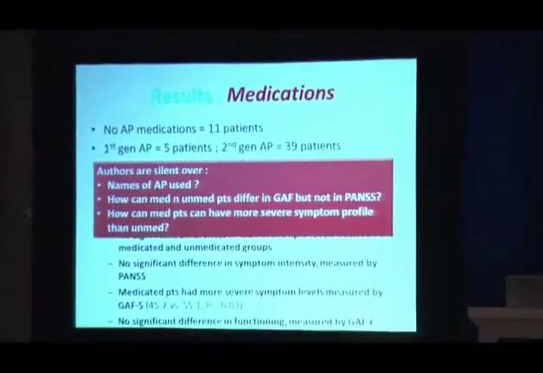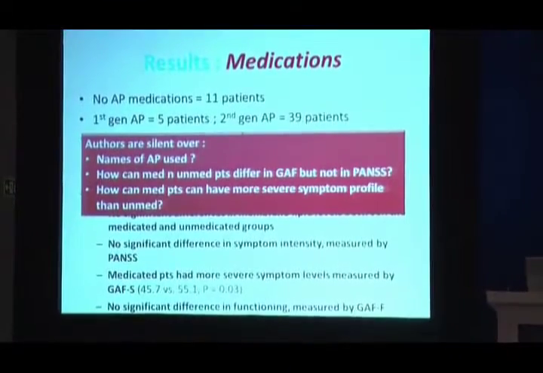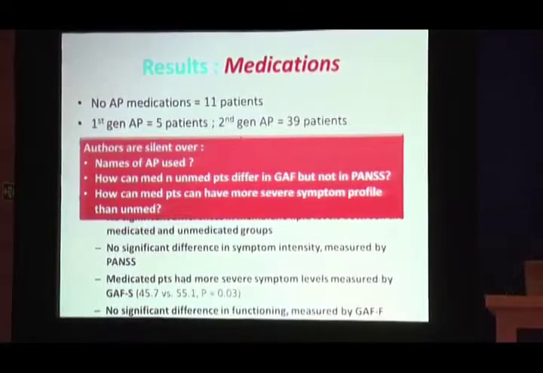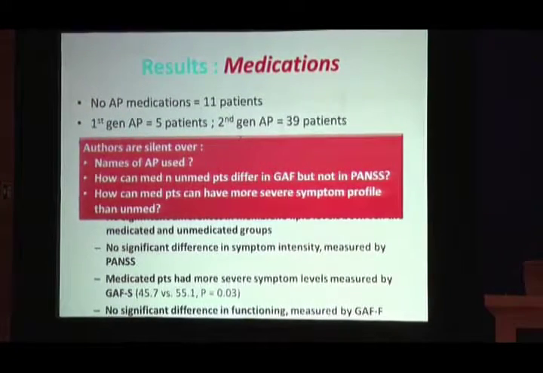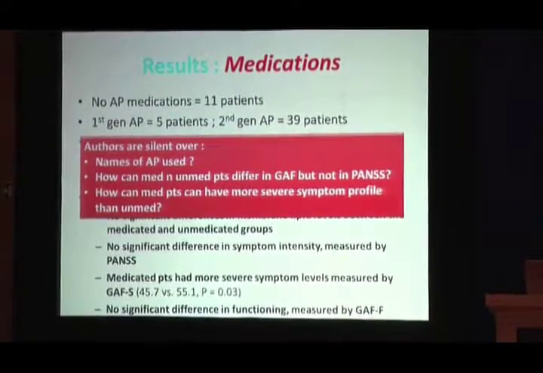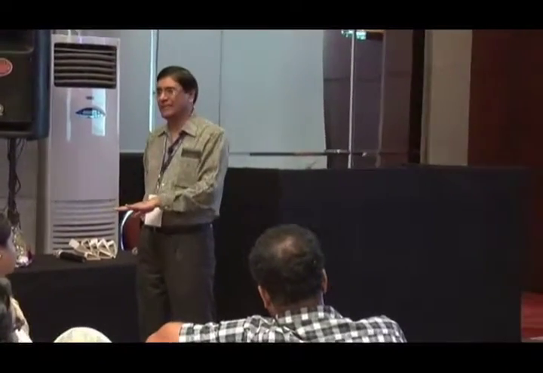Well, the authors are silent about the names of antipsychotics used. Now you have started critically looking at the paper. How can medicated and unmedicated patients differ in GAF but not on PANSS? Okay, so either there is some problem with the patients, there is some problem with the instruments, or there was some problem with the selection of instruments to begin with.